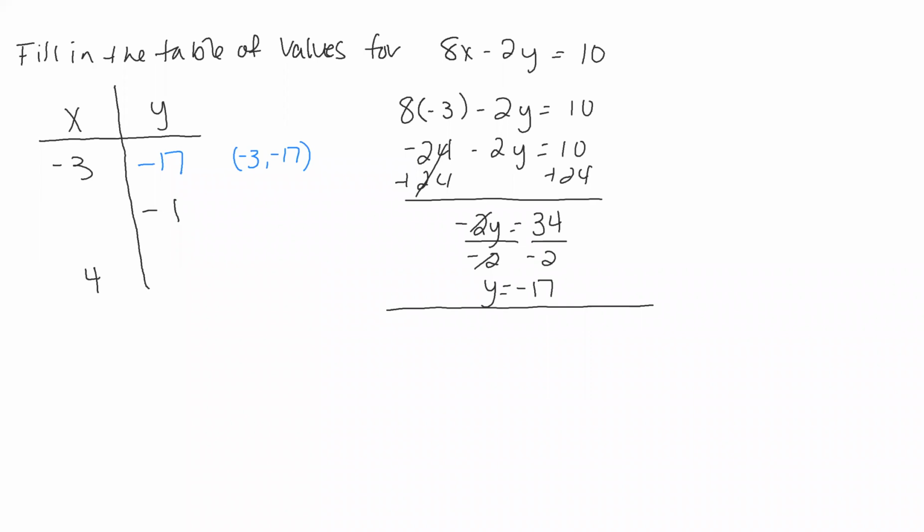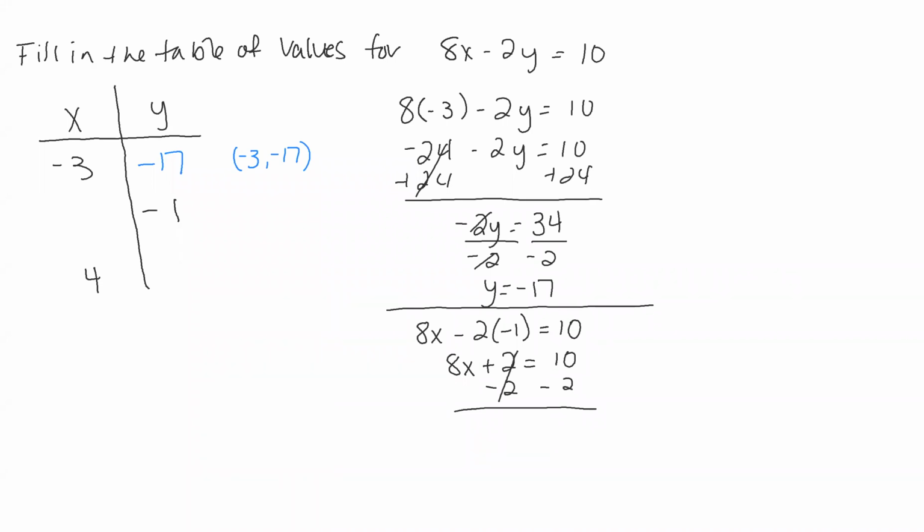Okay. Now we want to find the ordered pair that satisfies the equation 8x minus 2y equals 10 when y is equal to negative 1. So I'm going to take the equation. I'm going to replace y with negative 1. That gives me 8x minus 2 times negative 1 equals 10. Negative 2 times negative 1 is really just plus 2. So I get 8x plus 2 is 10. I need to isolate the x term. The issue is this plus 2, so I'm going to subtract it from both sides.